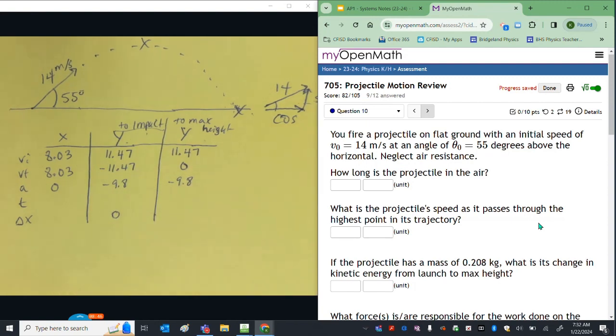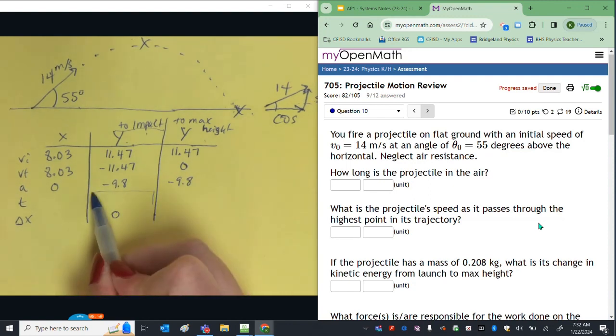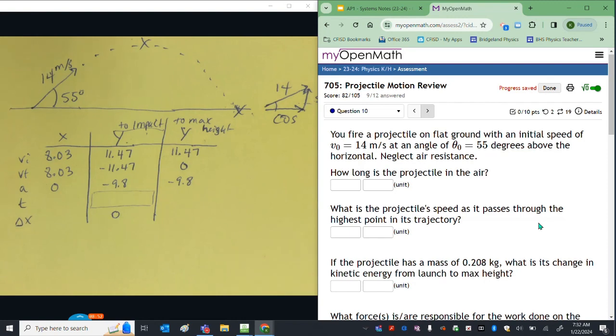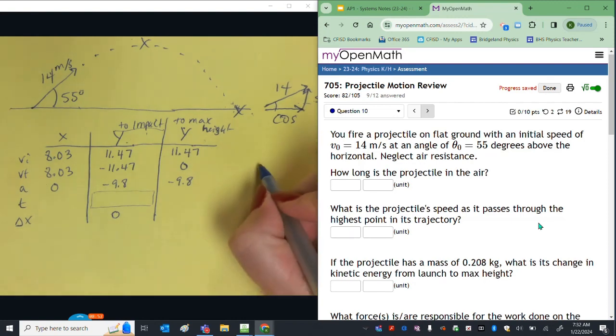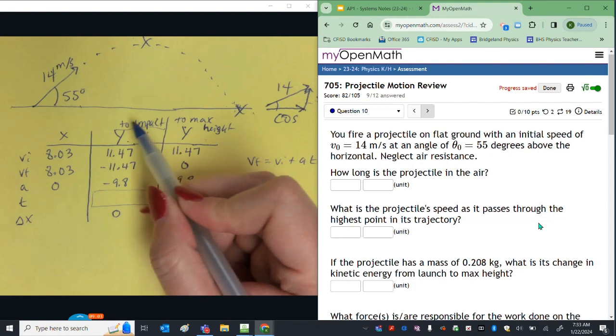Okay, so we can go ahead and find the time right here, and that'll help us with each of these other columns that we have filled in. If I want to find this time, I'm going to go ahead and use this equation, VF equals VI plus A times T, but I only get to use numbers from this column.